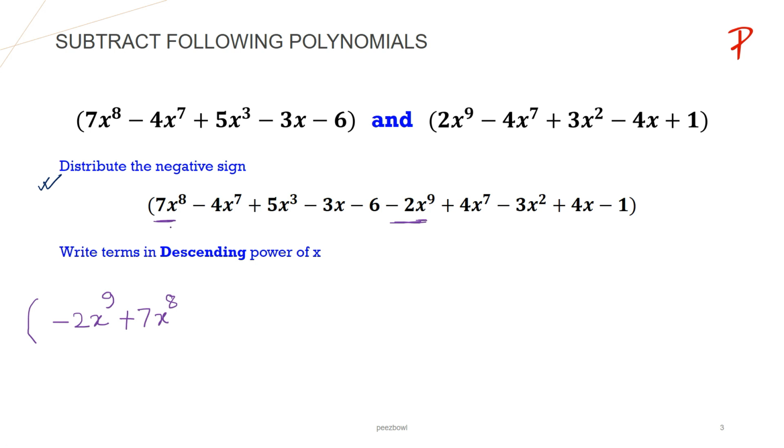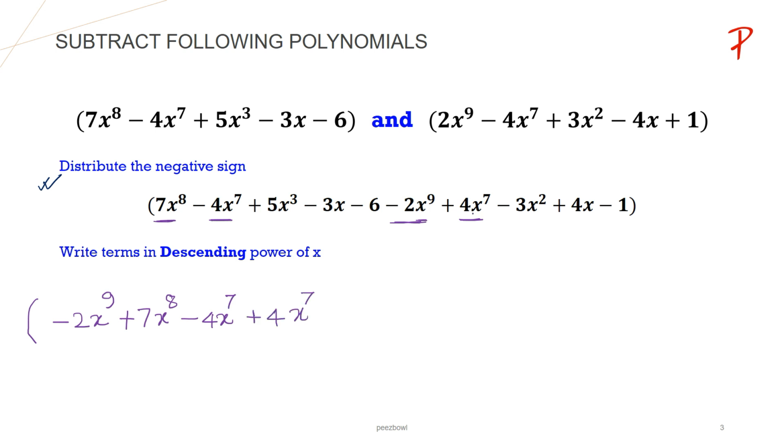So after 8 we have 7. In the first polynomial I see there is minus 4x to the power 7. In the second polynomial there is plus 4x to the power 7. So I will write both of them together, minus 4x to the power 7 plus 4x to the power 7.